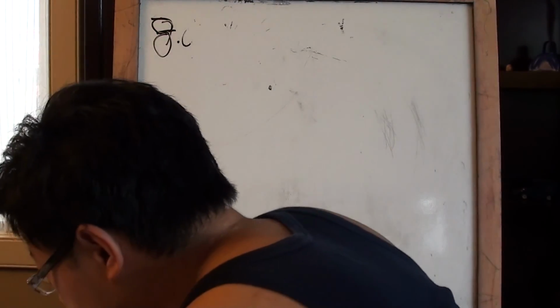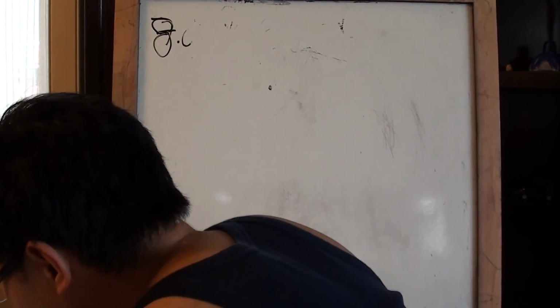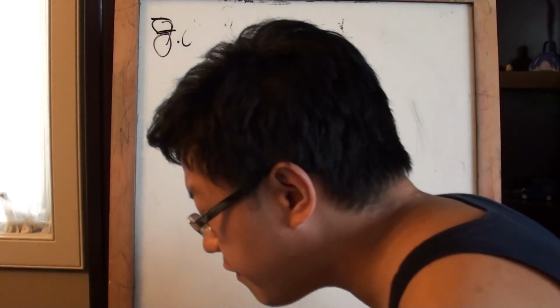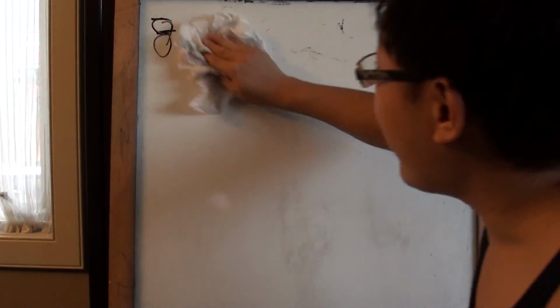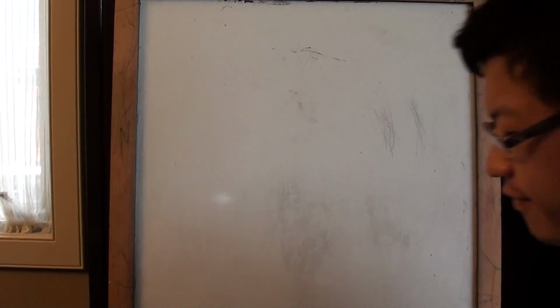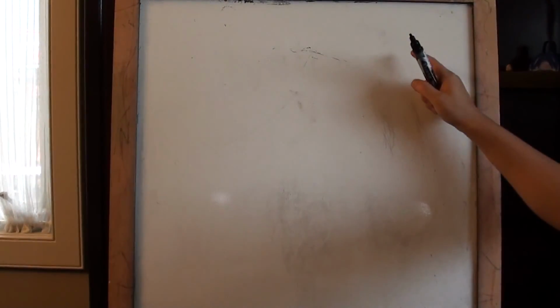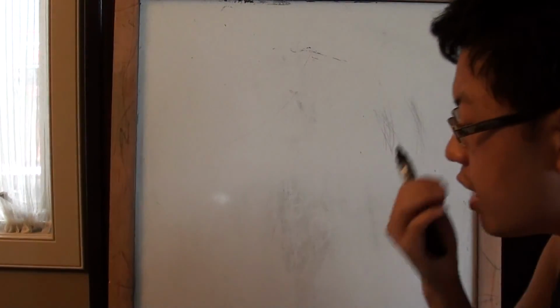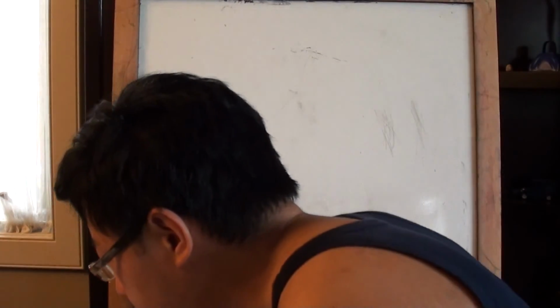Number 9. Oh, number 9, 10. Oh yeah, for number 10 and 11. Sorry, number 9 and 11. Number 9 and 10, I see what they're trying to do. I just don't think it's very helpful, because basically what they do is they give you 3 linear equations with 3 unknowns.